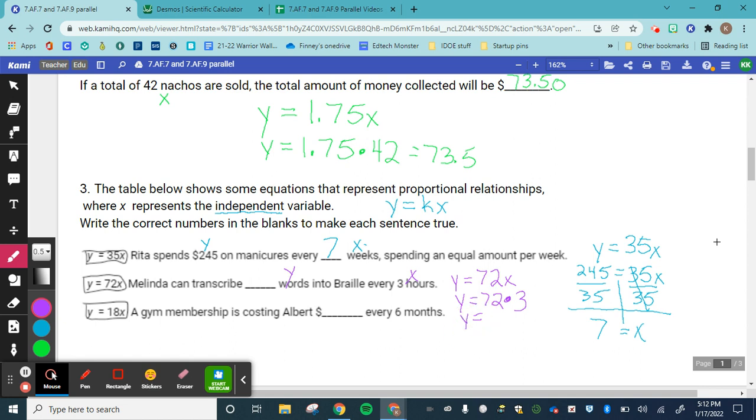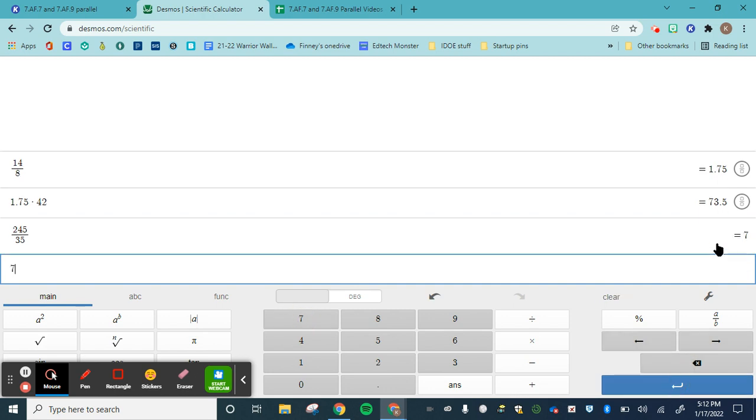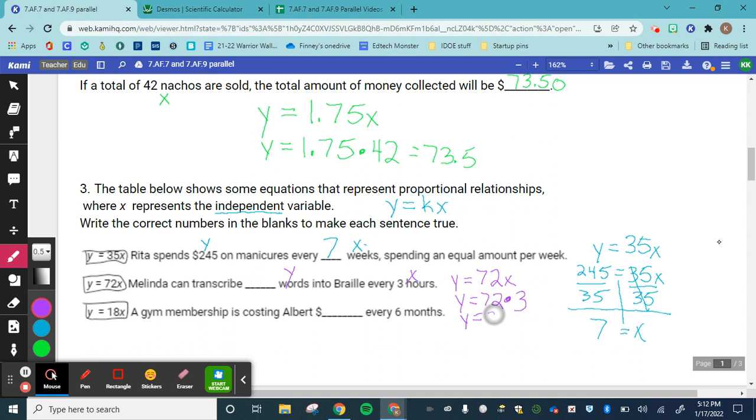So y equals, I'll go back to my calculator. 72 times 3. So we didn't do the opposite because we weren't canceling anything out by our variable. And 72 times 3, we will get 216. So that means Melinda can transcribe 216 words into Braille every 3 hours.